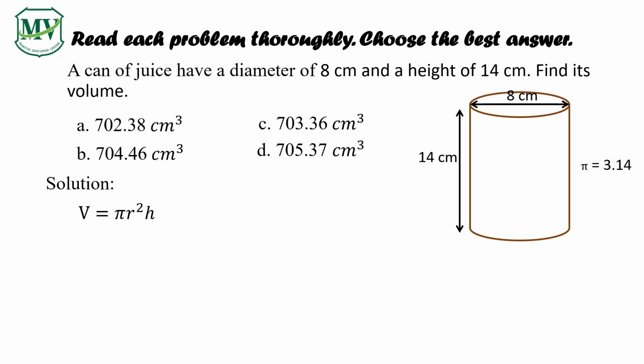So the formula for volume is V is equal to pi r raised to 2 times h. So pi is equal to 3.14, and to find the r, it is equal to d over 2 since the diameter is given. So it will be equal to 8 centimeter over 2, which is equal to 4 centimeter.